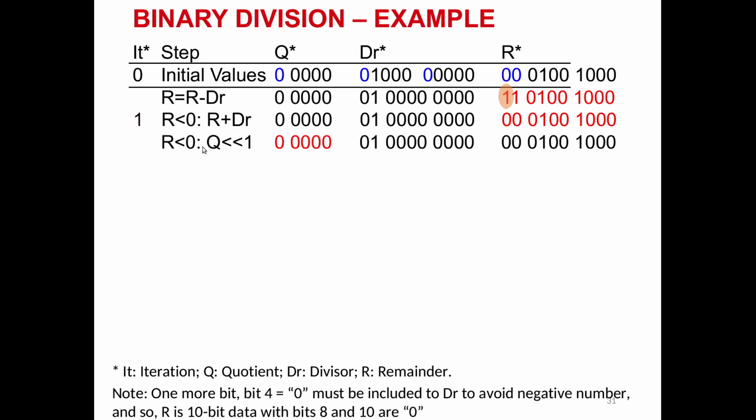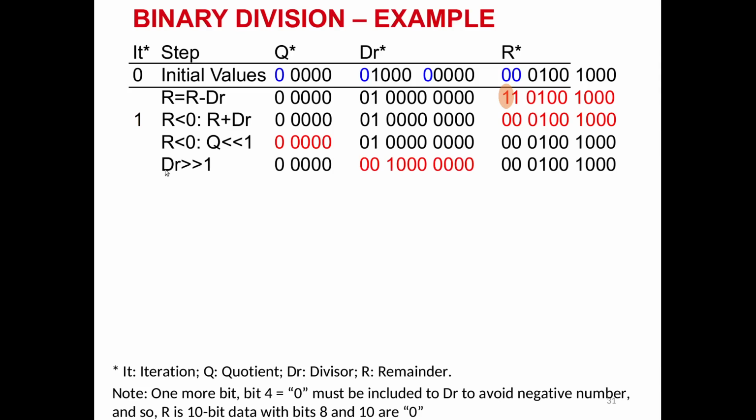For q, we can see that r is smaller than 0 here, and so q must be shifted one bit to the left with 0 added to the least significant bit, so one more 0 is here and shifted, so q didn't change its value.